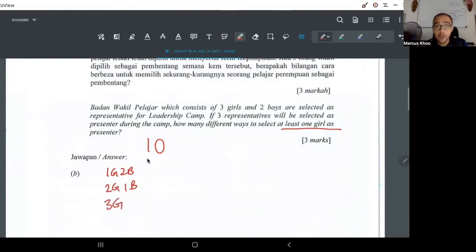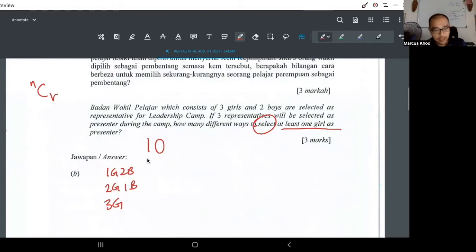And this one we want to select, we want to choose, so we use nCr, not nPr. nPr is we pick and then we arrange. But this one we are not arranging. We just want to choose only.